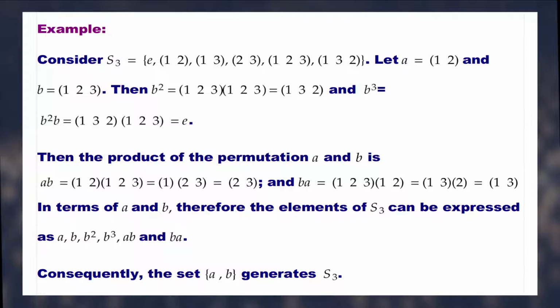Therefore, in terms of a and b, the elements of S3 can be expressed as a, b, b squared, b cubed, ab and ba. Consequently, the set {a, b} generates S3.